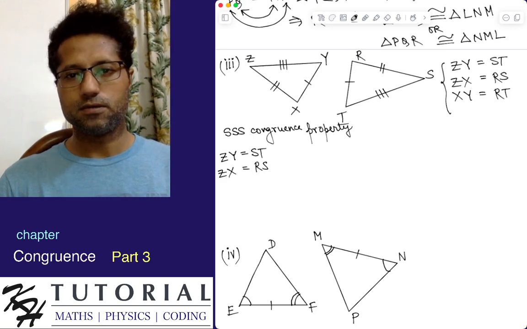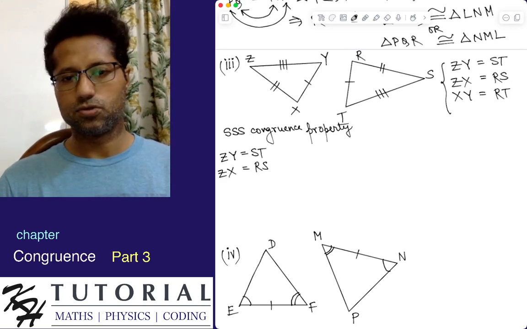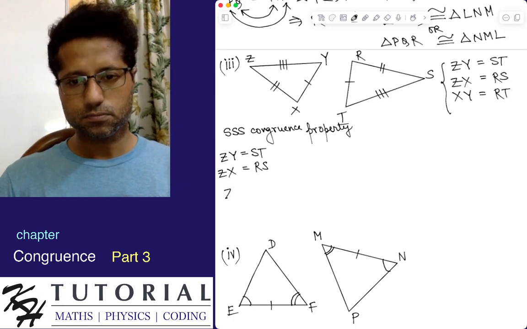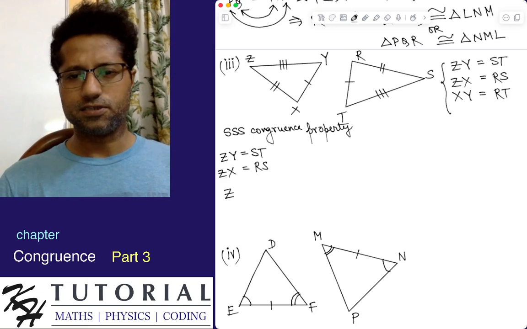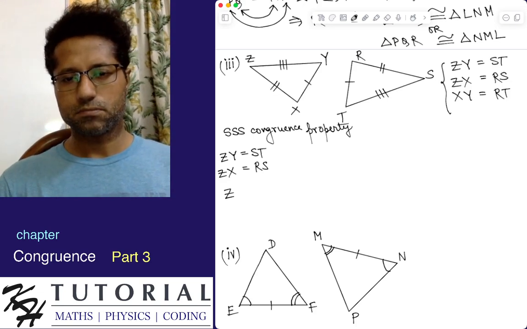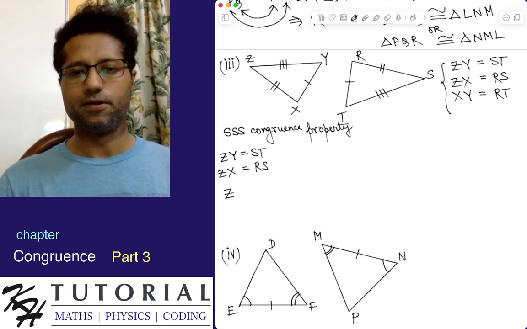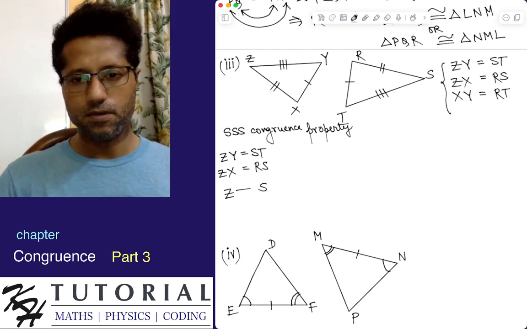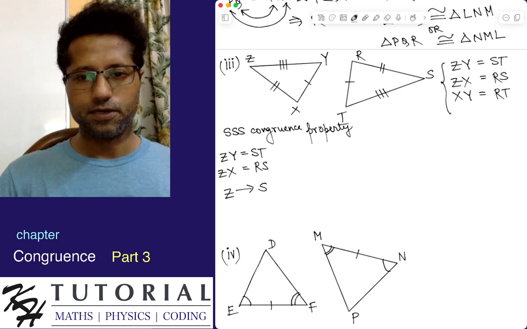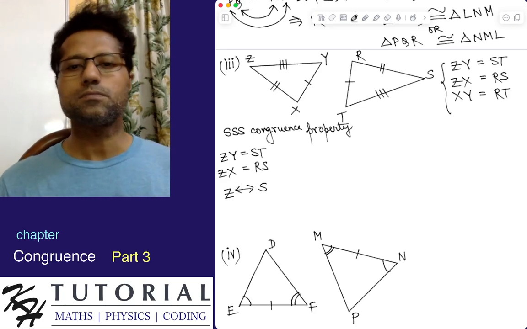We have the sides ZY and ZX, so the common letter is Z. For the triangle RST, the sides are ST and RS. The common letter is S. So there will be a correspondence between vertex Z and vertex S.